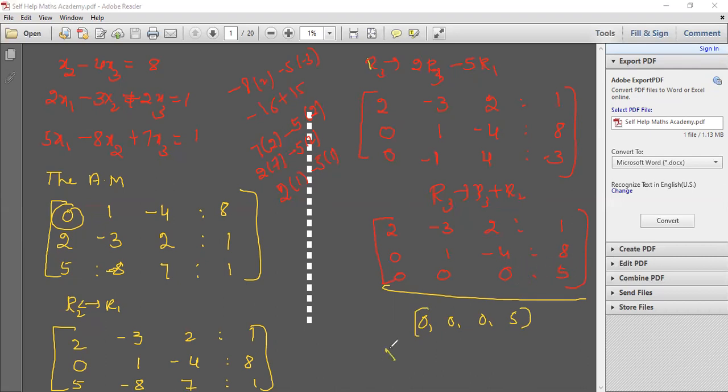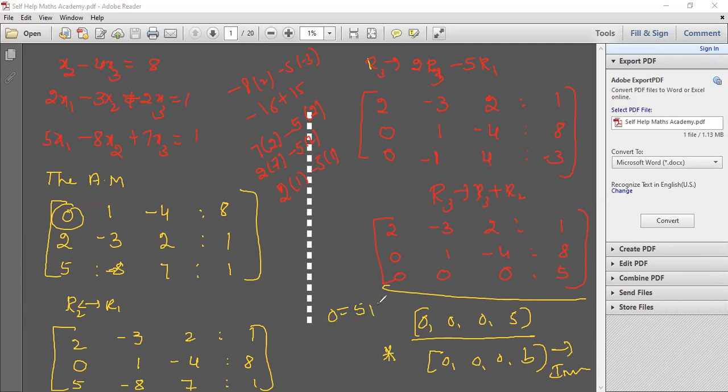There is a property in any linear system: when you do the row transformation, if you get any row of the form 0 0 0 b, then that system is inconsistent, it has no solution. So what does this mean? If you equate it, you get 0 is equal to 5.